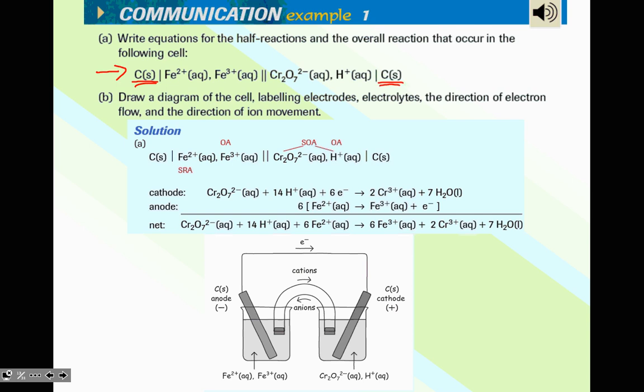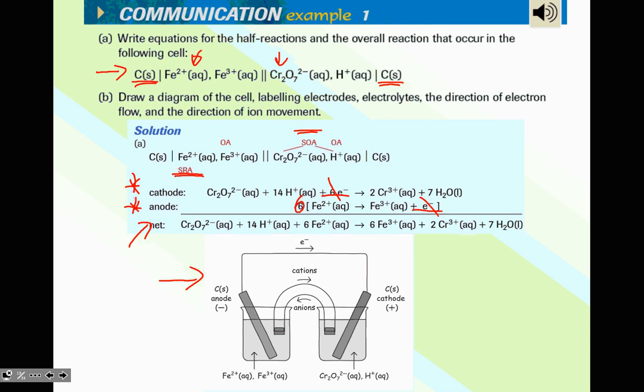So we're going to strictly look at your electrolytes. Here is our SRA and here is our SOA, and you list them at the cathode and at the anode. Remember, you have to balance your electrons, so you multiply by a coefficient of 6, that cancels these out, and there's your net equation.